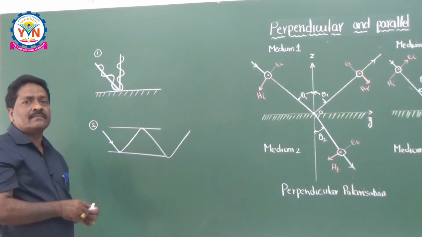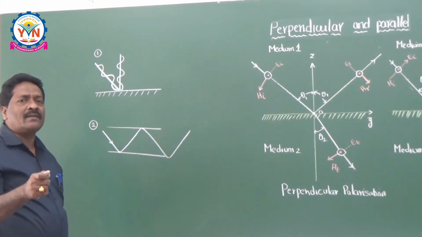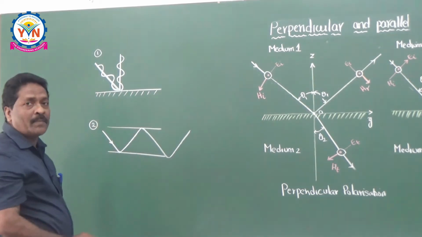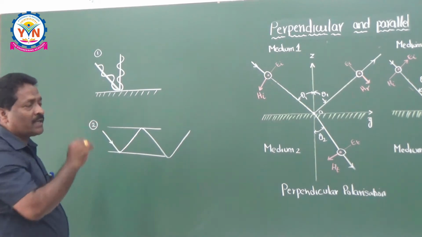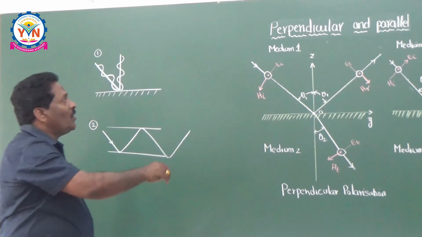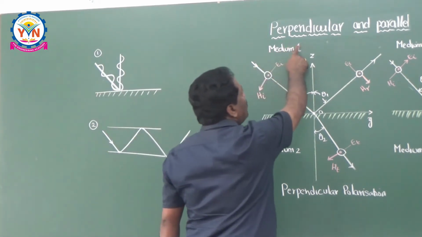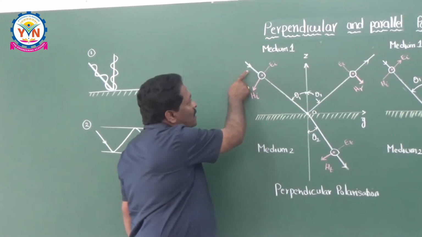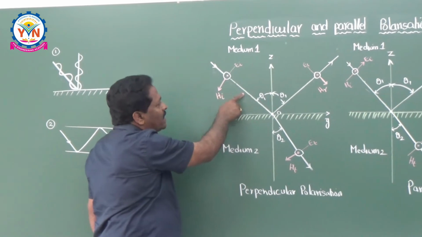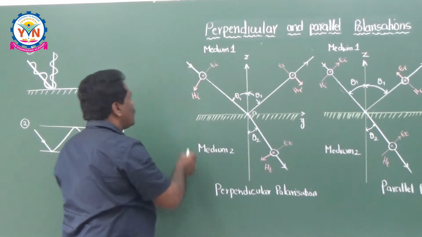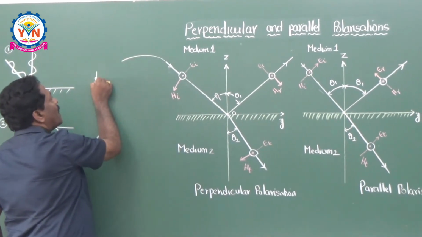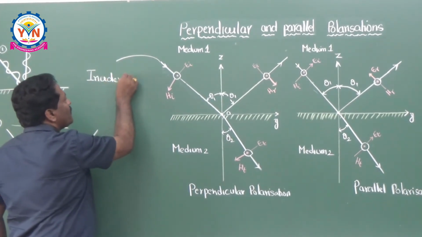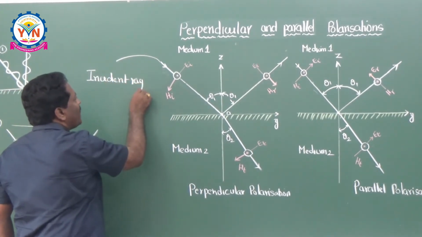So the direction of the electric field is going to tell about the polarizations, perpendicular and parallel polarizations. If you want to understand this, look here, this is called the incident ray. And the incident ray is hitting the surface of the boundary with some angle.